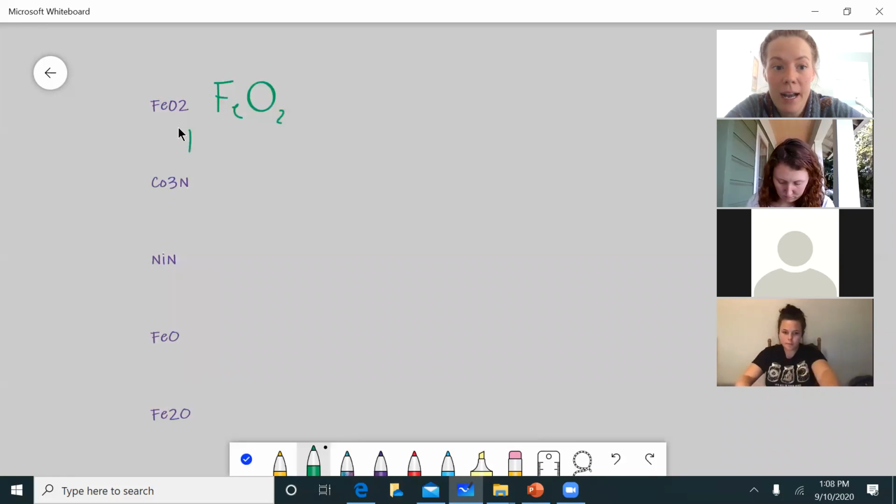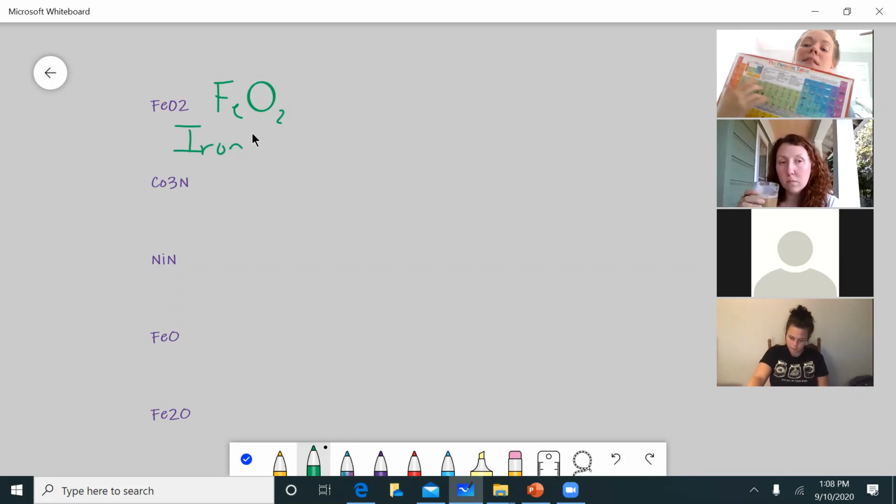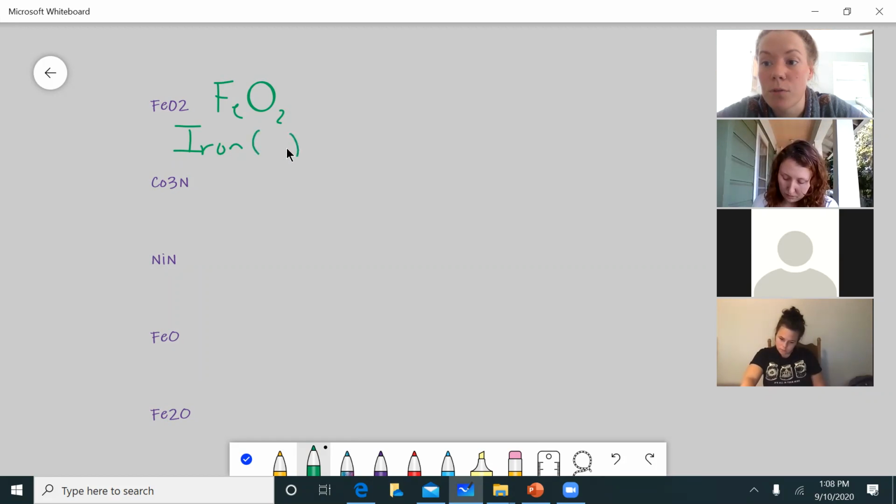So right away, I'm going to write iron. But I know that iron is one of my transition metals. It's one of the guys that sits in the middle here that doesn't have a nice, neat, predictable charge. So right off the bat, I'm going to put parentheses here because I know I'm going to have to fill it in with some sort of Roman numeral to let me know what the charge is. What is oxygen? It's just oxygen. So we're going to say oxide.